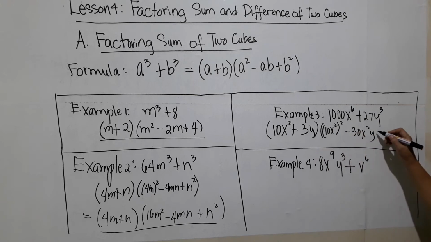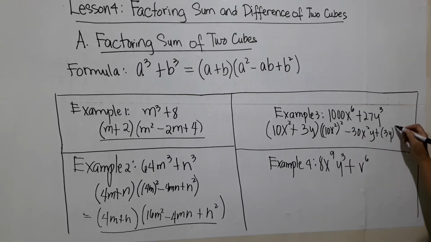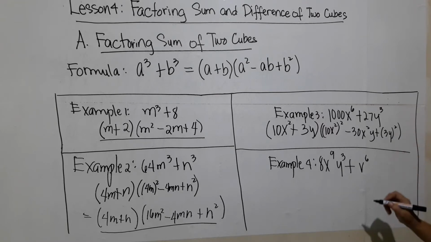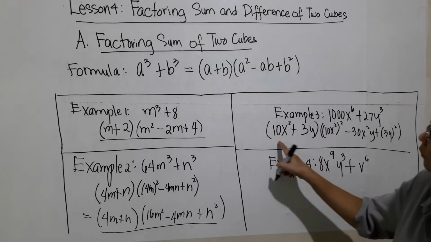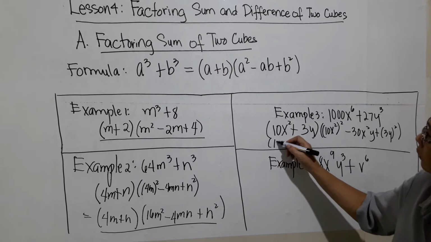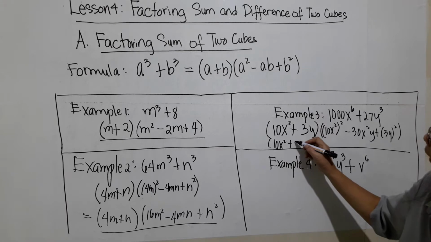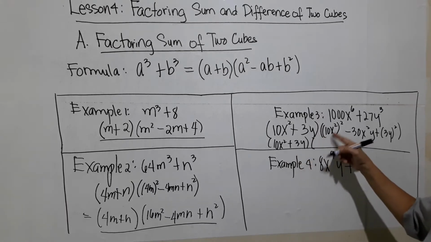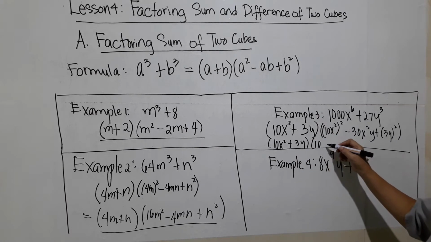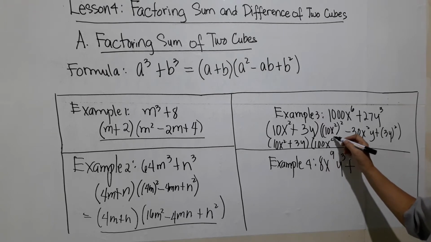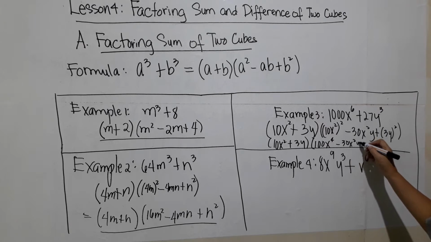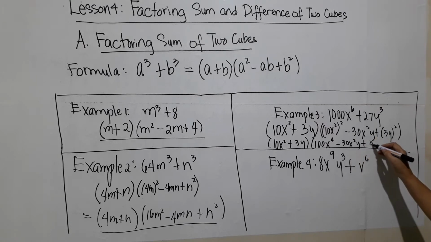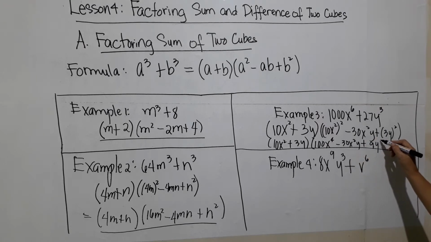Plus 3y squared, but not yet final because there are still terms to be simplified. So therefore, we have now 10x squared plus 3y times 100x to the 4th minus 30x squared y plus 9y squared.